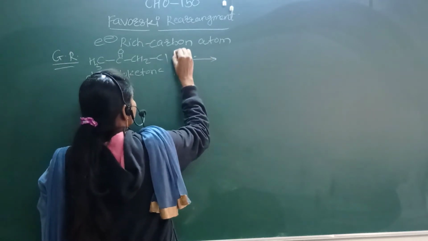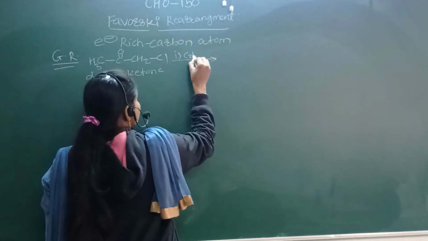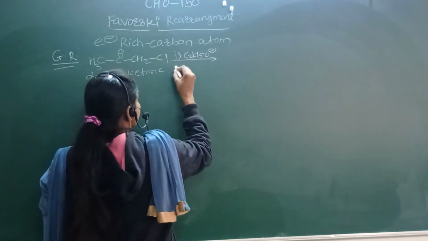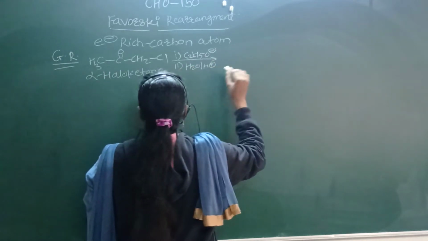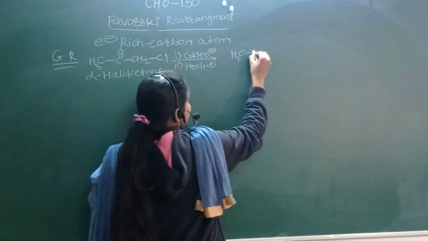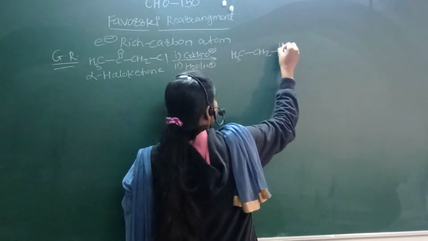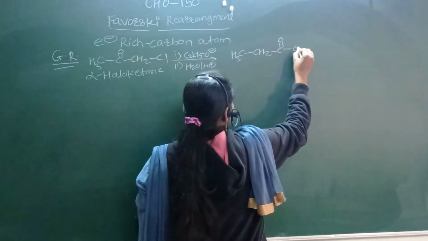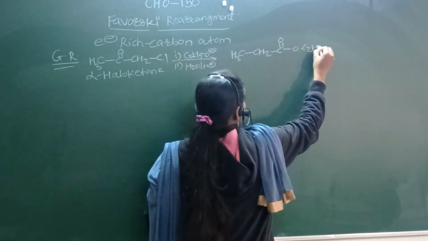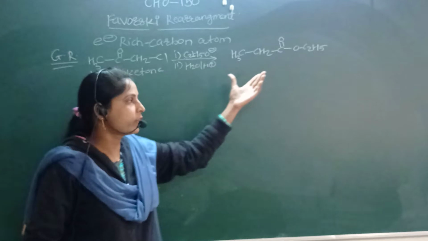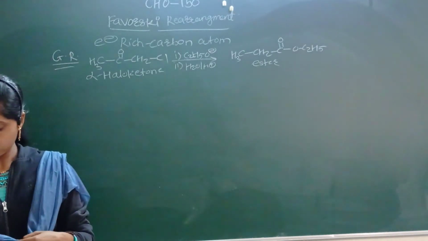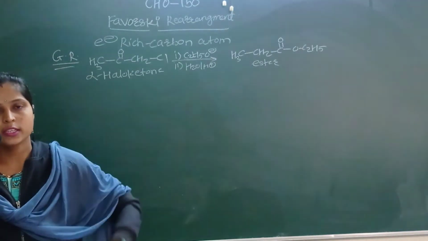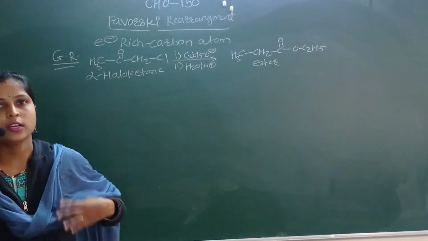Sorry, we take here C2H5O minus, and then solvent, with formation of the ester, because we take an alkoxide. So this is your final product, that is the ester, and this is your alpha haloketone. So this is the general reaction of the Favorski rearrangement.